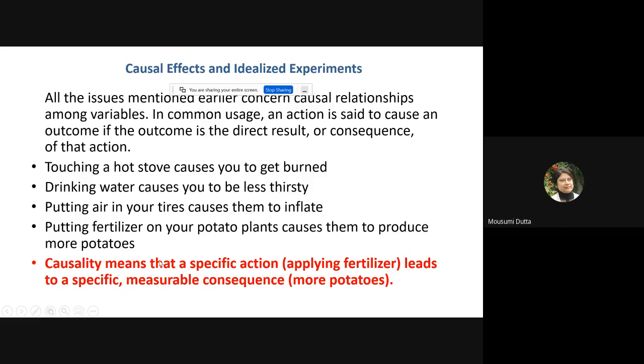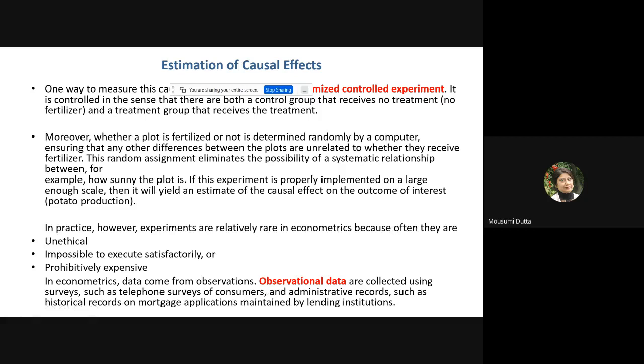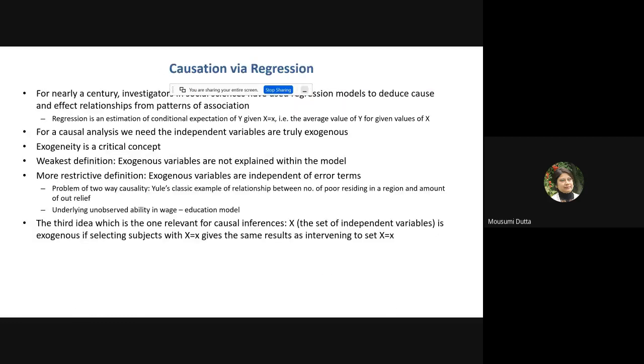If this kind of relation is there, for example, touching a hot stove causes you to get burned, drinking water causes you to be less thirsty, putting air in your tires causes them to inflate. So if there is this kind of relationship, all these are causal relations. However, if there is endogeneity, the relationship will not be causal in nature. So go through this part. I'm not considering all these things here.